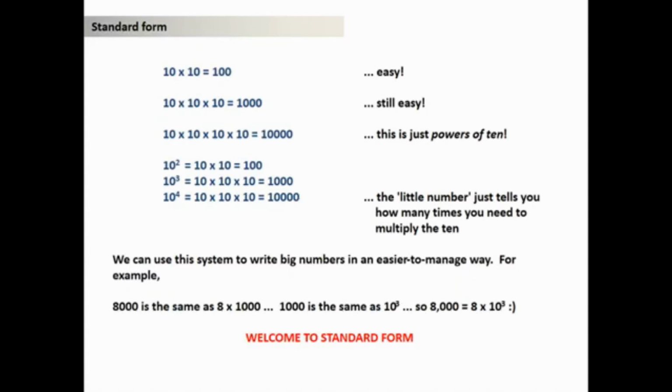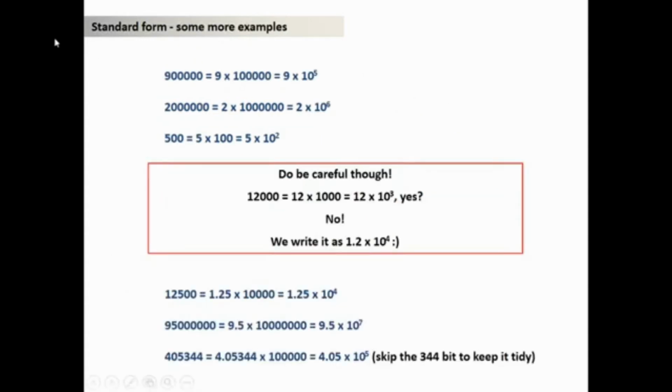We call that standard form. So we can write, for instance, more examples. 900,000 is 9 times 100,000, and that is 9 times 10 to the power of 5. Or 2 million is 2 times 1 million, and 1 million is 10 to the power of 6. So we can say 2 times 10 to the power of 6. Or 500 is 5 times 100, and that is 5 times 10 to the power of 2.